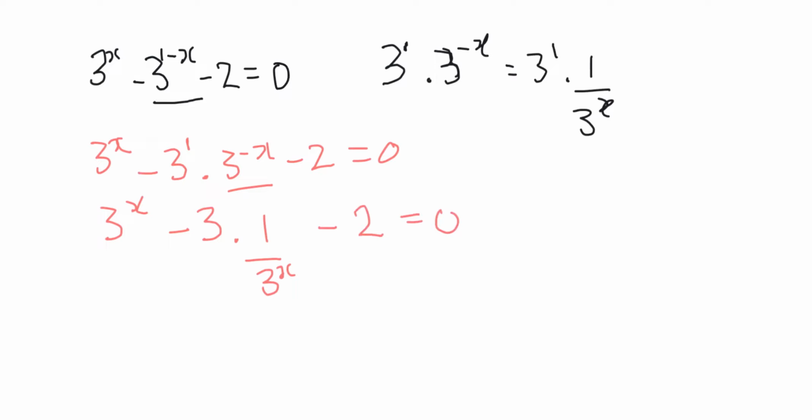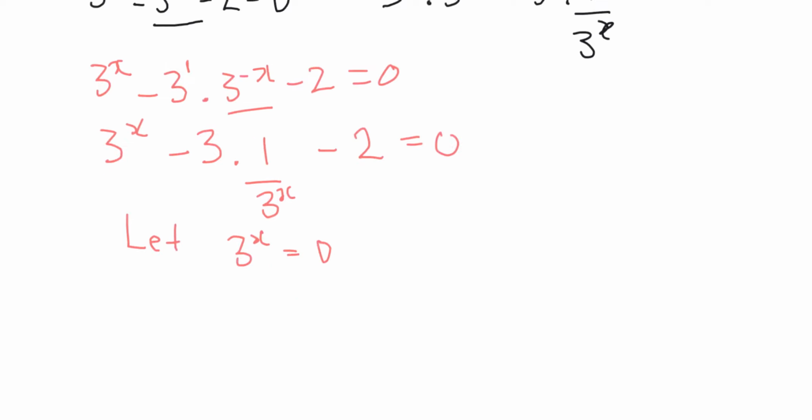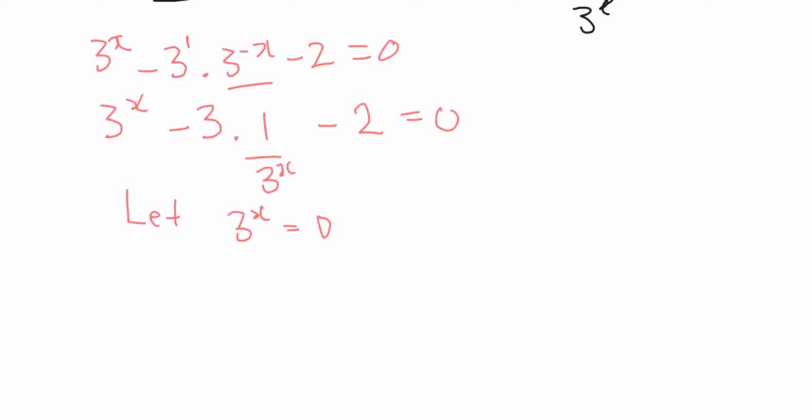And now what is it then that we can do from here? Now we can say, look, we are going to let 3 to the power of x be equal to k.